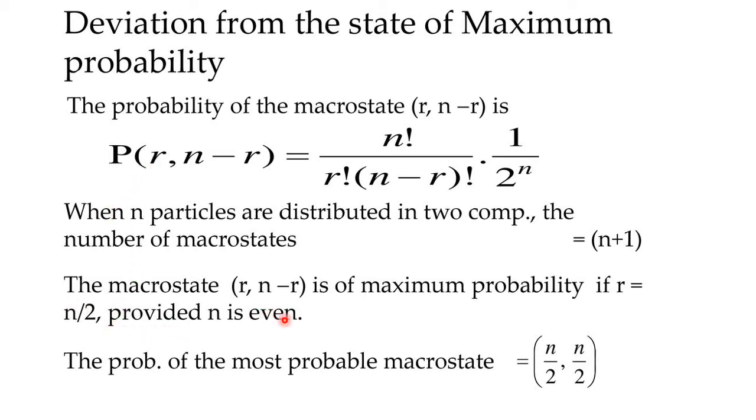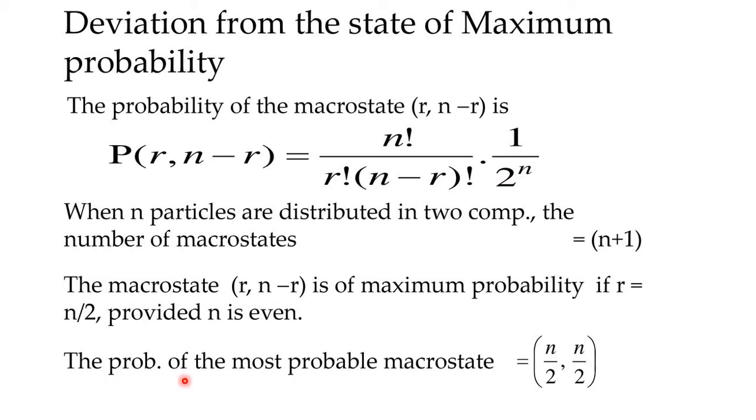When we substitute r equal to n by 2, we get P(n/2, n/2), because the most probable macrostate will be (n/2, n/2). Substituting, we get n factorial divided by n/2 factorial multiplied by n/2 factorial, multiplied by 1 upon 2 raised to the power n.